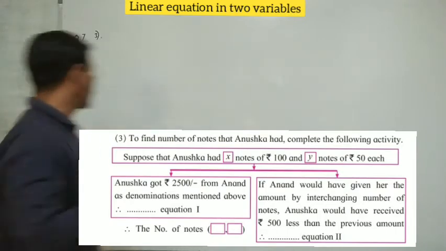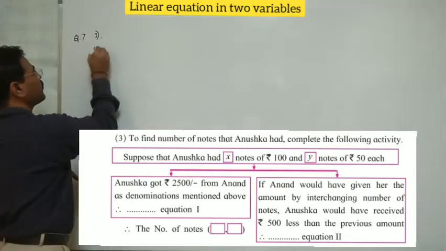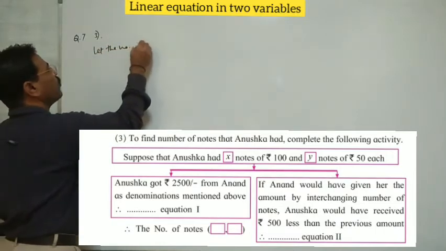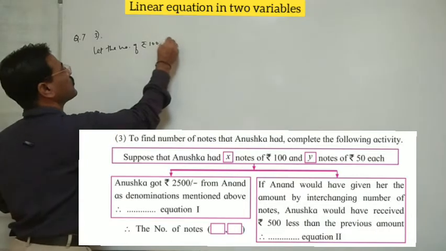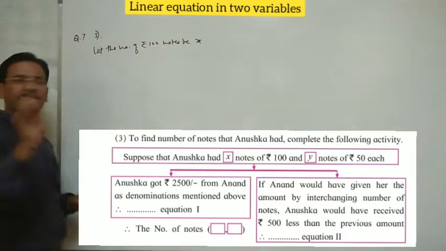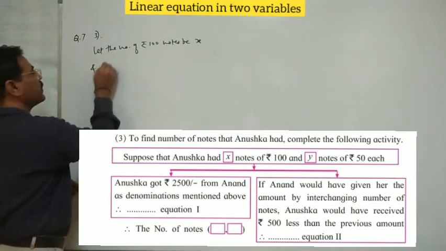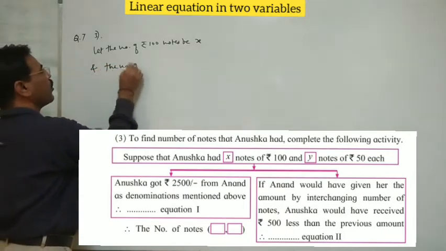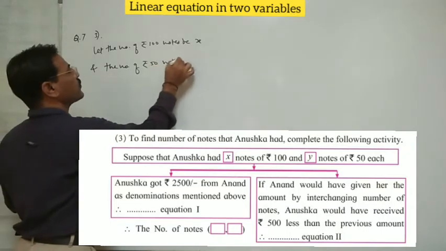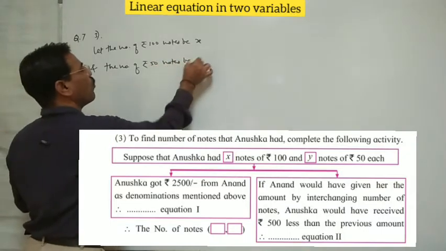See here, let the number of 100 rupee notes be x. This is all supposed, and the number of 50 rupee notes be y.